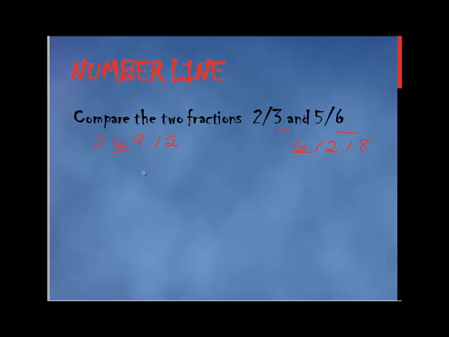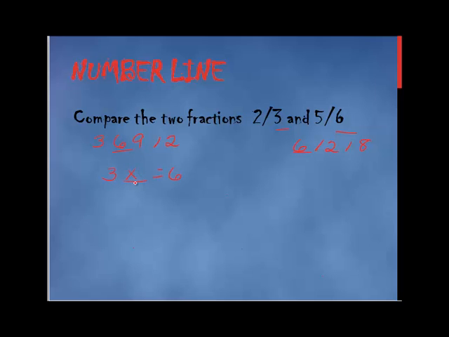Now, also making equivalent fractions, since 5/6 already has the 6 as a denominator, we will find the equivalent fraction for 2/3. Now, since the denominator 6 is larger, we will use multiplication. We will think about 3 times what will equal 6?